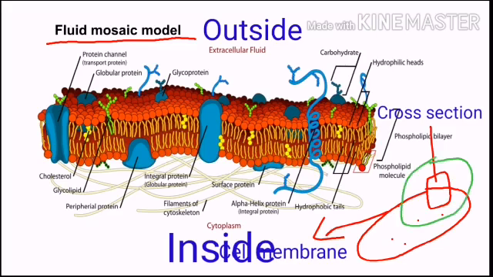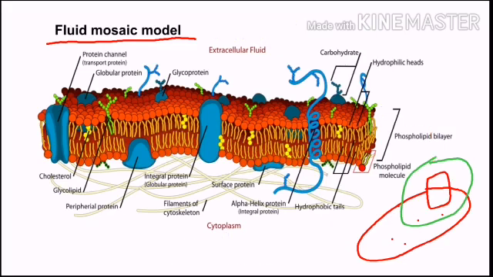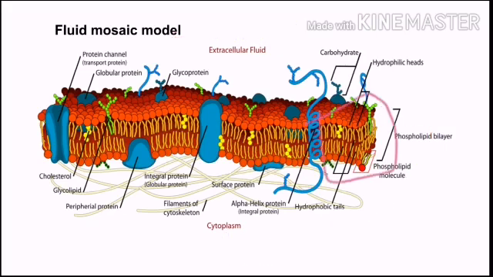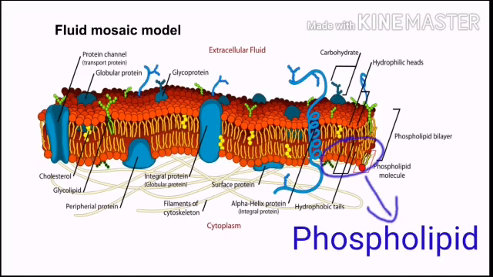When you zoom in on this little part right over here, this is actually a phospholipid bilayer that forms it. And when you hear that, you might say, well, what is a phospholipid? That's a good question, because when you understand what a phospholipid is, it starts to make sense why it would form a bilayer like this.